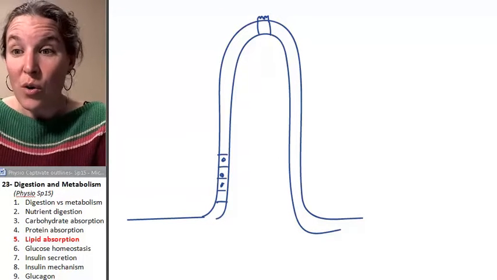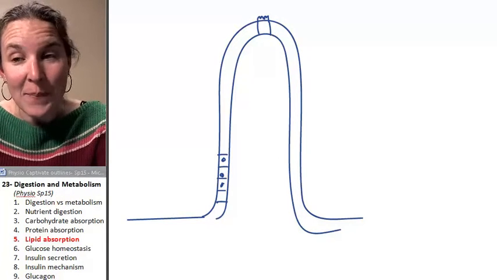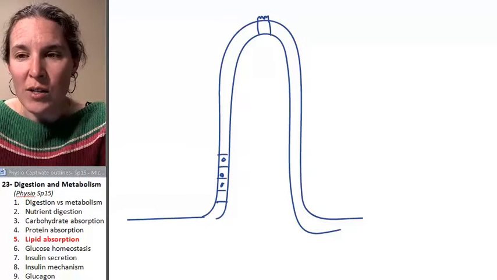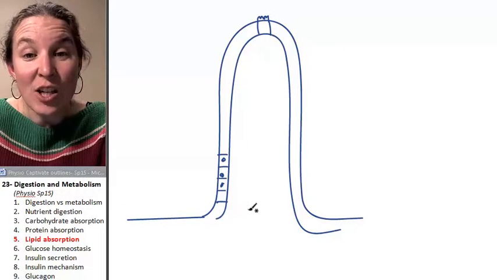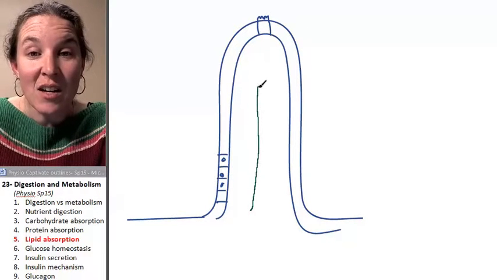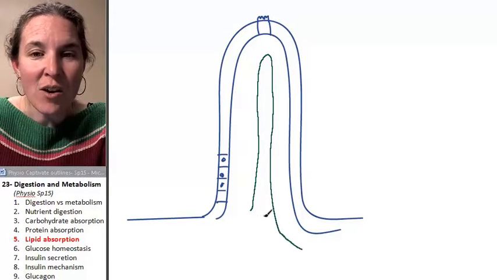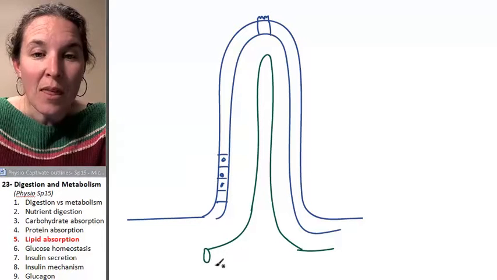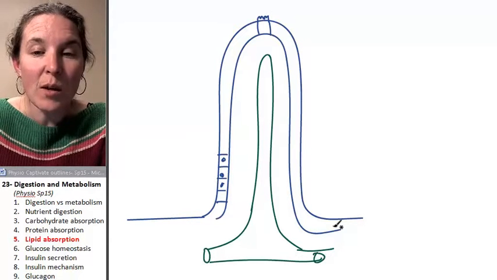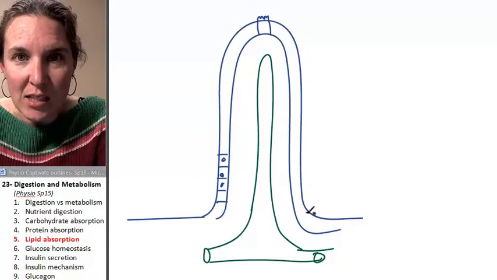Now, you also are going to have a blood supply. The whole reason why I'm drawing you this little reminder is because in addition to that, you have lymphatic vessels called lacteals. And the lacteals are found projecting up into the villus.